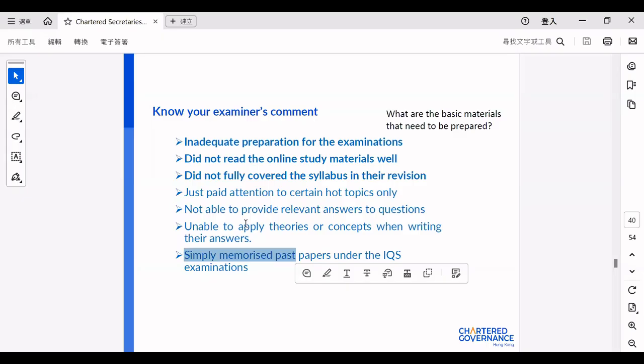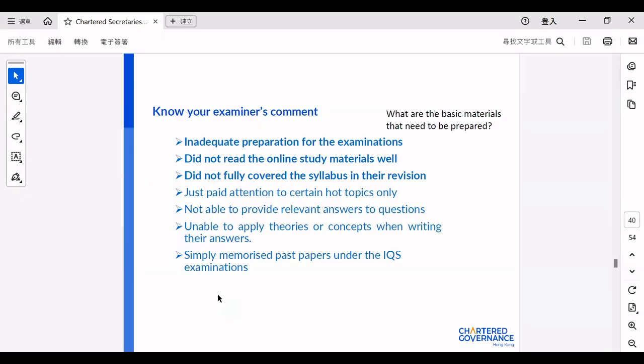Even though the knowledge part is okay, maybe you understand the model, you fail to apply it properly. So I would not advise you to memorize anything from the past paper.